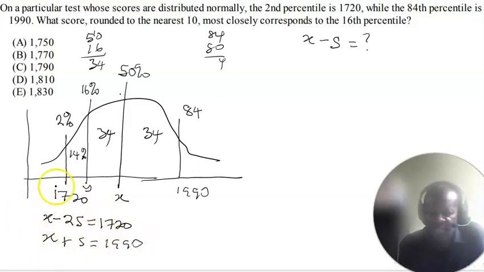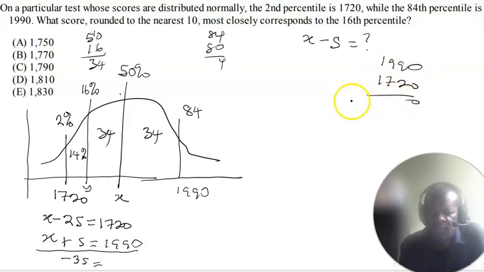So we want to eliminate the mean. We can do that easily with these two equations. So from there, we can go ahead and find what the value of the standard deviation is. So what do we do to eliminate x? We subtract. So x minus 2s minus x plus s, that is minus 3s, equals 1720 minus 1990.